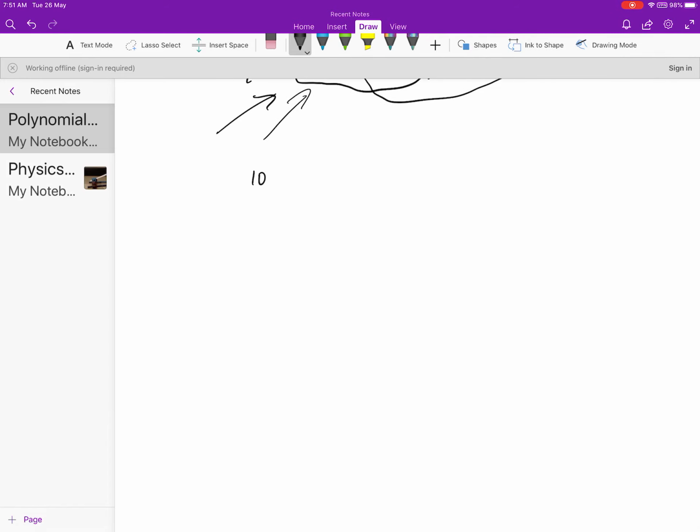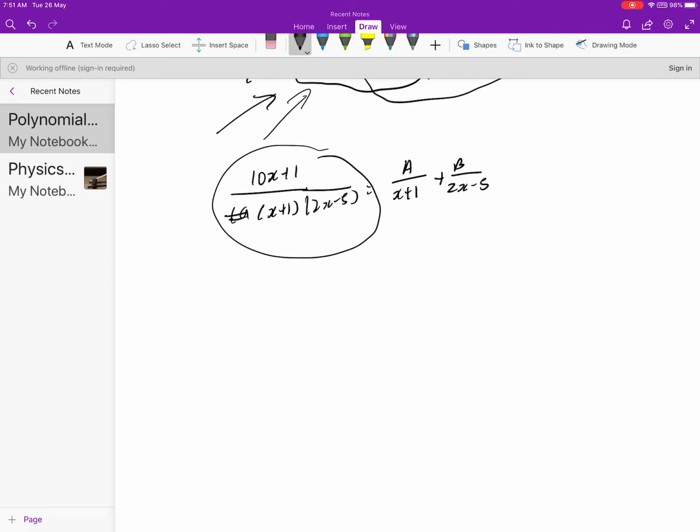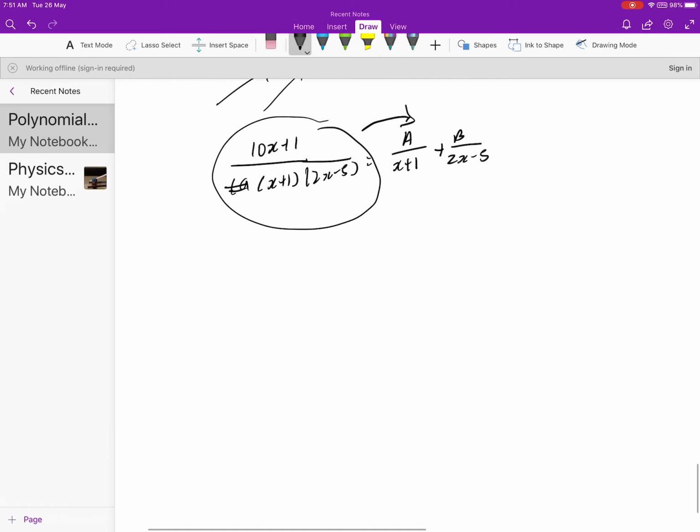One example, very straightforward. When they ask you to solve for partial fractions of this, immediately you can see you split this up, and then you immediately multiply throughout by this to get rid of the denominator.